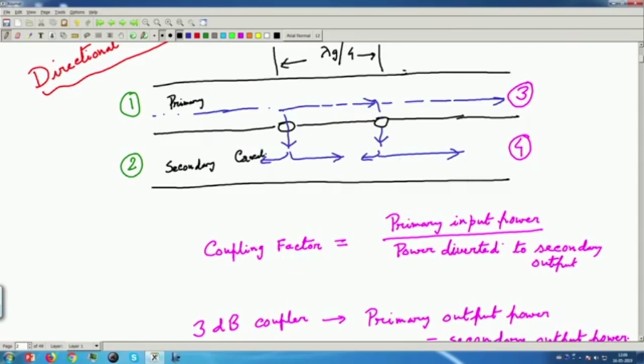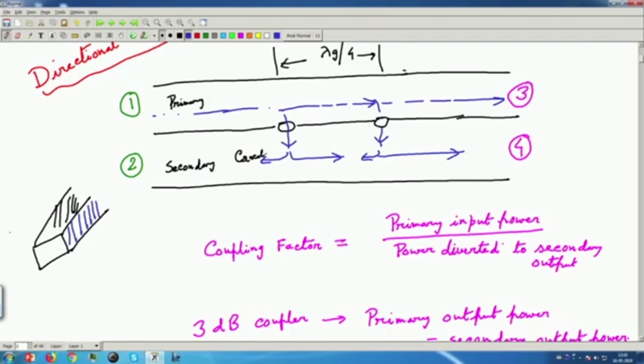That means, in a rectangular waveguide, this is the broad wall, this or the bottom one. So, if the holes are in the broad wall, that time plus j will be the phase change, and if the holes are in the narrow walls, this blue color is the narrow wall, this side or the back side, then also you can have the coupler.